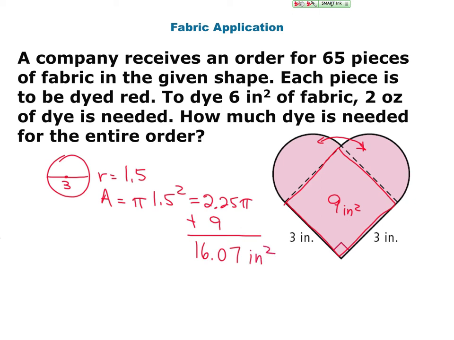Okay. Question on the area of one of those hearts? Then you times it by 65. Okay, multiply by 65. And we get, I have the answer on my calculator. 1046.5 square inches.